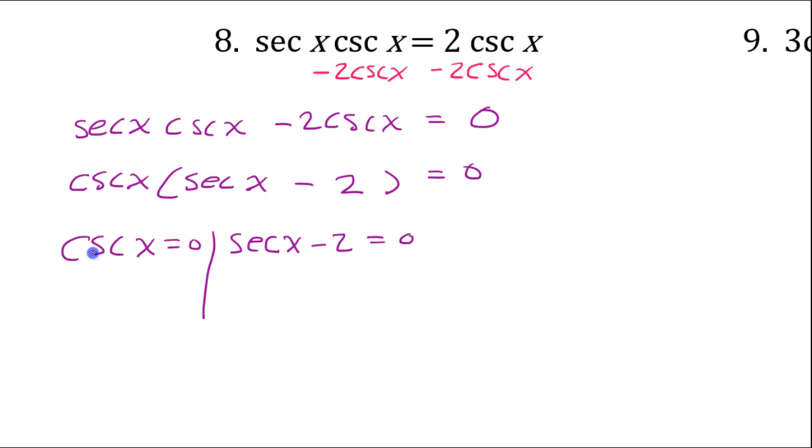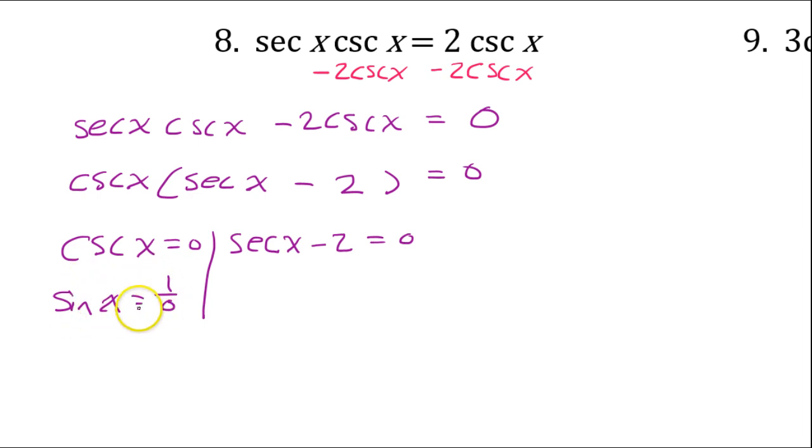Now cosecant and sine are reciprocals of each other. So if cosecant is equal to 0, then sine would have to equal 1 over 0.